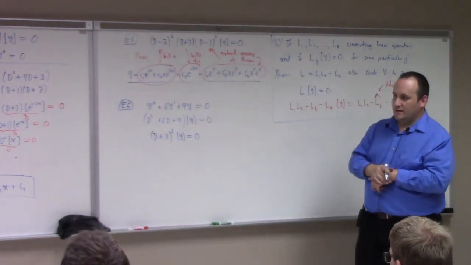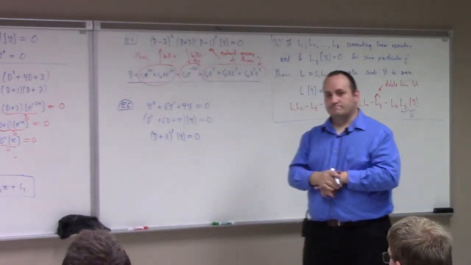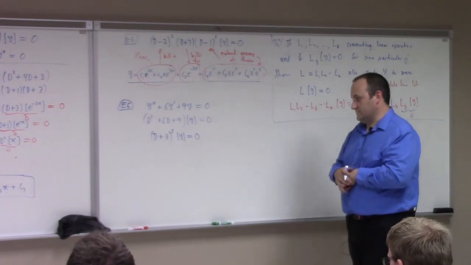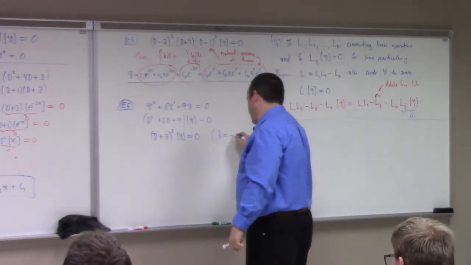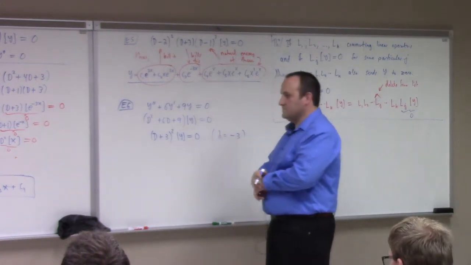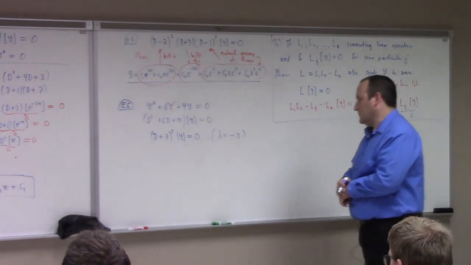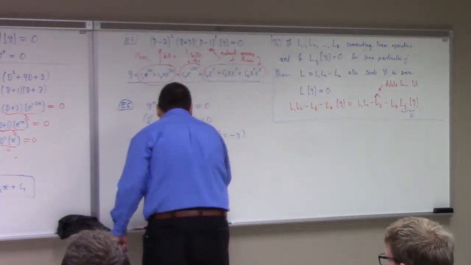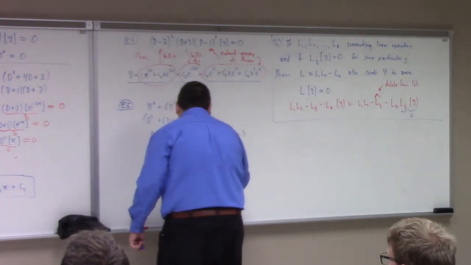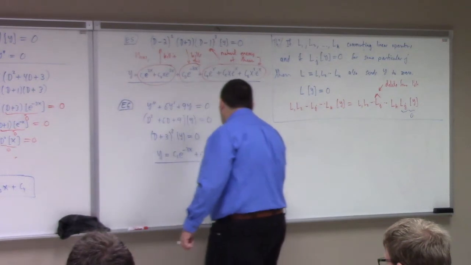So by lemma 5, with lambda equal to what? Minus 3, right? In my current terminology. So I get what? y equals c1 e to the minus 3x plus c2 x e to the minus 3x. Hooray!